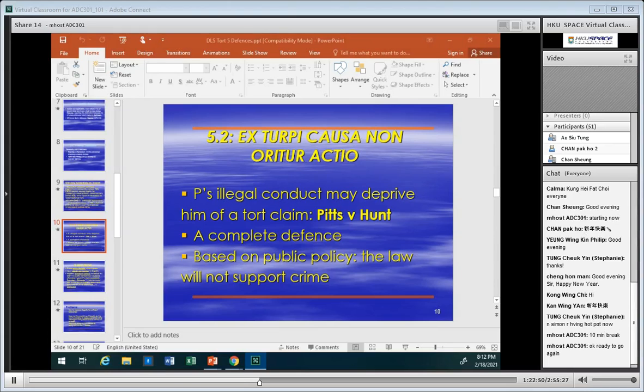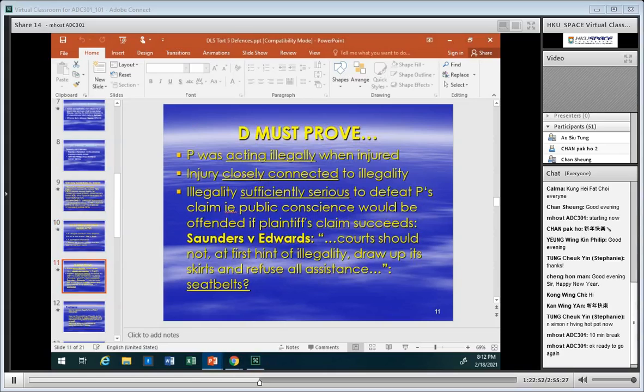But what must the defendant prove in order to establish the defence of illegality or ex turpi causa? And remember, the defendant has the burden of proving any defence. He who asserts must prove. That's the general principle. So if you are relying on a defence, you've got to prove the elements of the defence. So what are the elements of the defence of ex turpi causa?